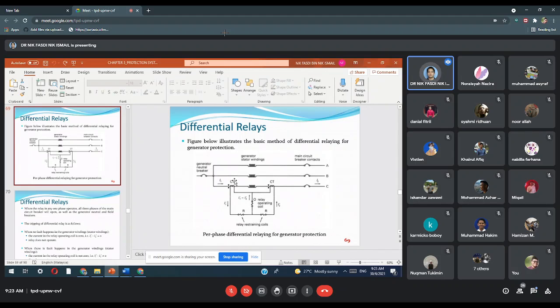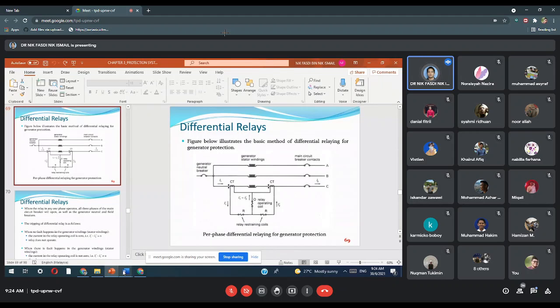CT1 akan step down the primary current kepada I1 prime. CT2 will step down the secondary current to I2 prime. Whenever there is a mismatch between the currents, dia akan trigger the coil. And then when the coil contact is on, dia akan open the circuit breaker.